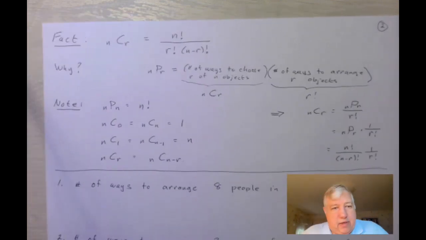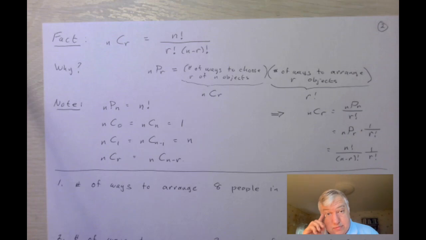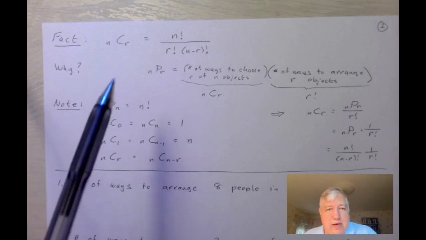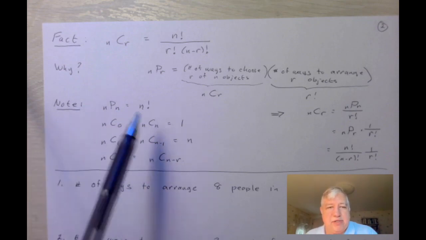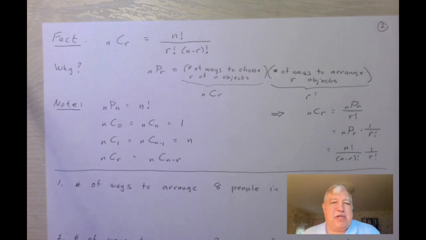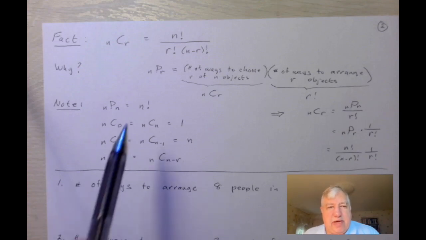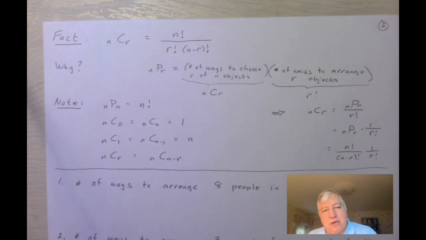All right. Now, some notes. In some special cases, we see that nPn is just the same as n factorial, because if you're choosing n of n objects, there's only one way to do that, and then it's just a matter of arranging them. So that's why this is just n factorial.